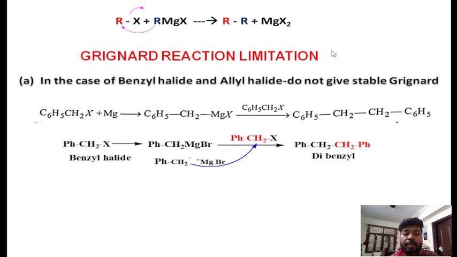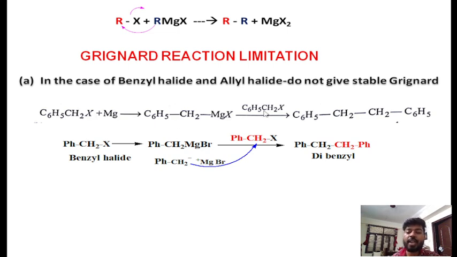There are certain limitations, because not all alkyl halides can give Grignards, as they are not stable after the reaction. In the first case, benzyl halide and allyl halide do not give stable Grignard. Benzyl halide with magnesium in ether forms the Grignard, but it is not stable.